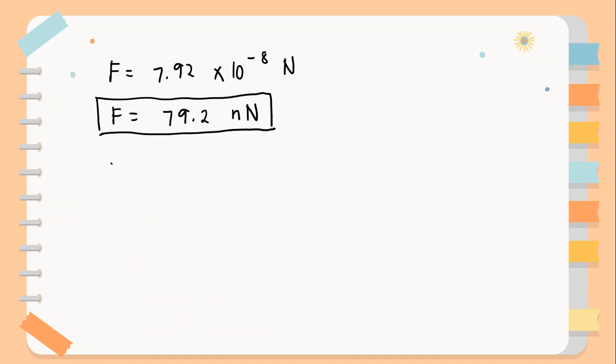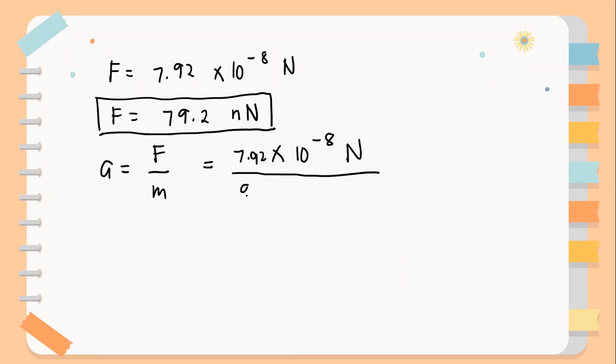Now for the acceleration, we have force over the mass. Force is equal to 7.92 times 10 to the negative 8 newtons divided by the mass of the electron, 9.11 times 10 to the negative 31 kilogram.